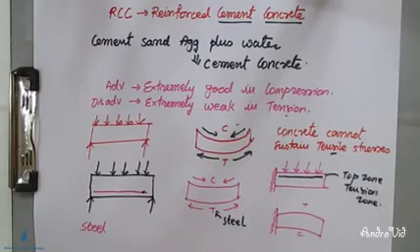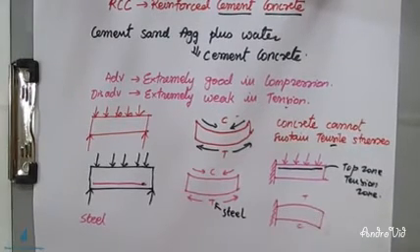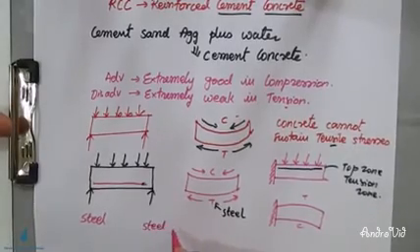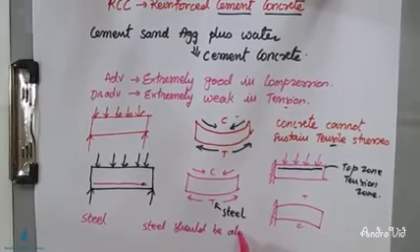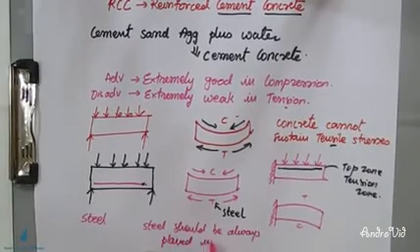So always take care that the steel is placed in the tension zone. Don't memorize that it should be placed at the bottom or at the top. Steel should always be placed in the tension zone.